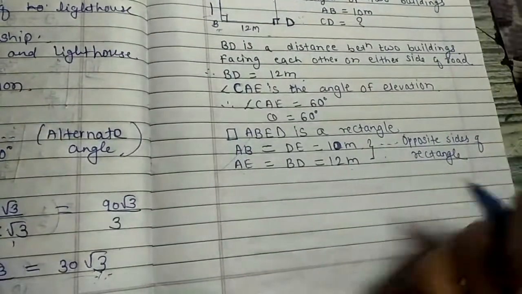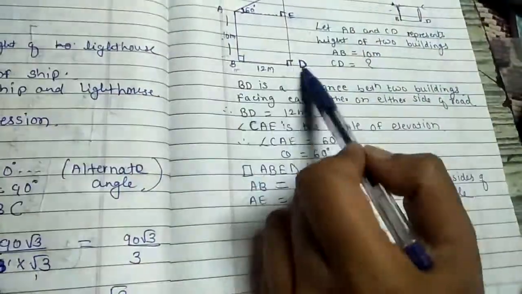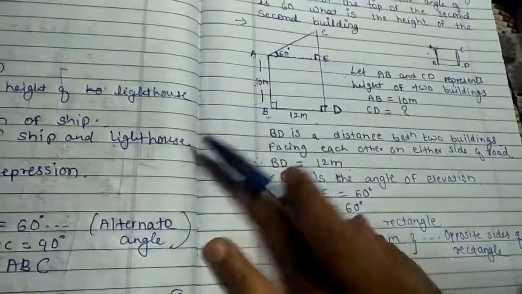Then angles B and D are 90 degree. So next we have to find out this one.